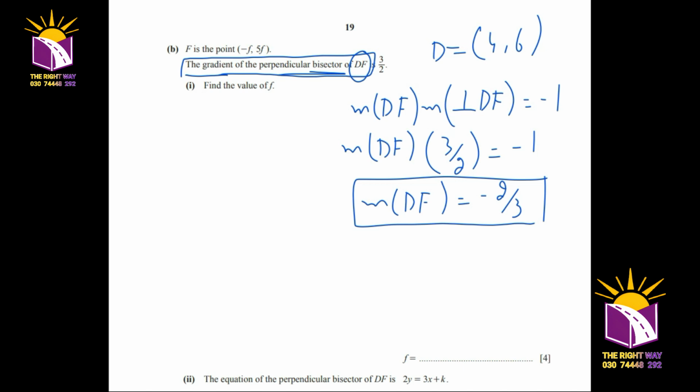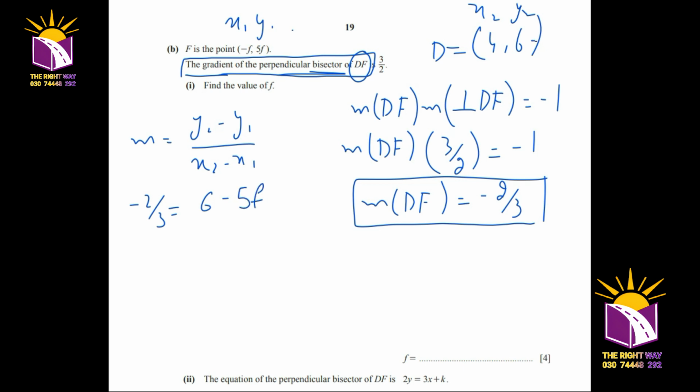We know that the formula of the gradient is y2 minus y1 over x2 minus x1. Taking this one as x1, y1 and the other as x2, y2, the gradient minus 2 by 3 will be equal to (6 minus 5f) over (4 and minus minus will become plus f).